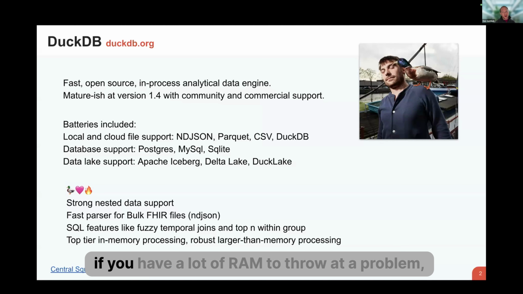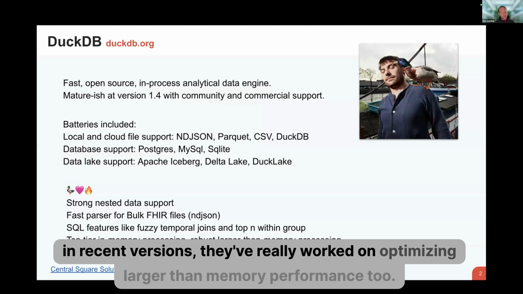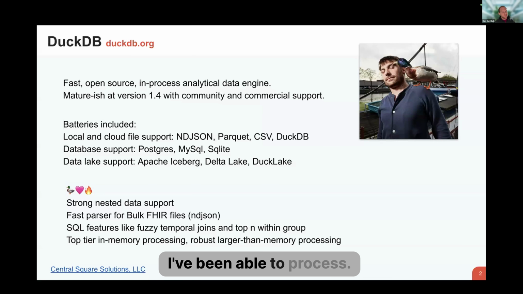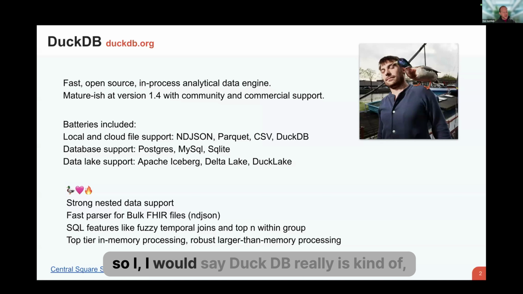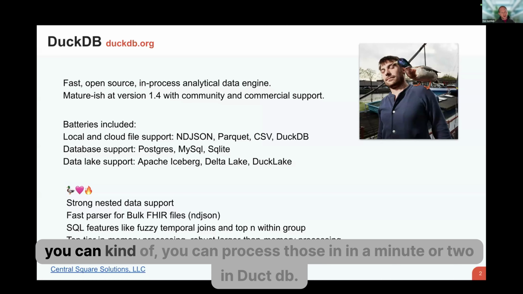If you have a lot of RAM to throw at a problem, DuckDB can be really performant. And in recent versions, they've really worked on optimizing larger than memory performance too. I would say DuckDB really is ideally suited for small to medium-sized data. So if you have a couple hundred million FHIR resources, you can process those in a minute or two in DuckDB.